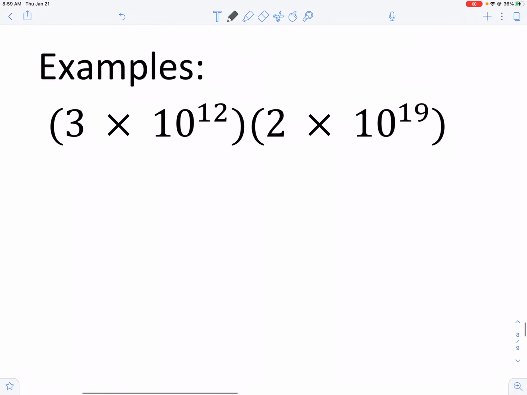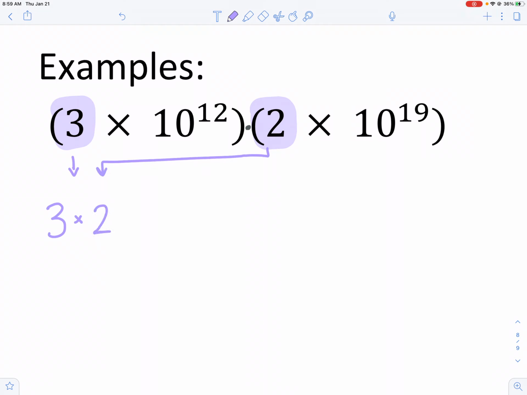3 times 10 to the 12 times 2 times 10 to the 19. So I've got two scientific notations. All I'm going to do is reorder these things. I'm going to move the numbers up front, so I'm going to move the 3 times the 2.